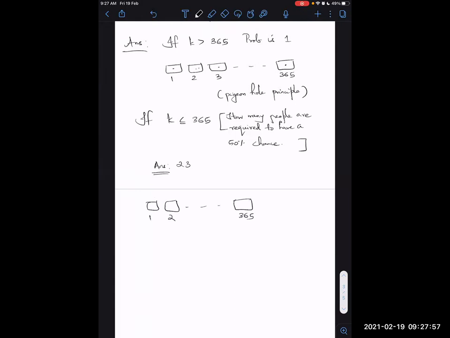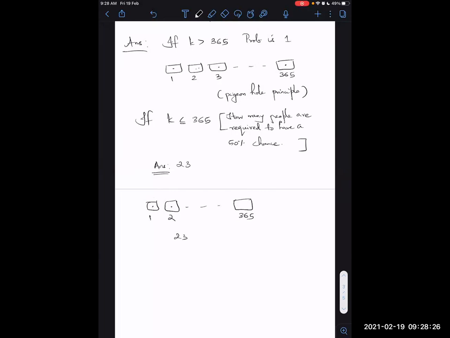With just 23 people, 1, 2 up to 23 are filled, and 365 minus 23 are left, which is about 337.